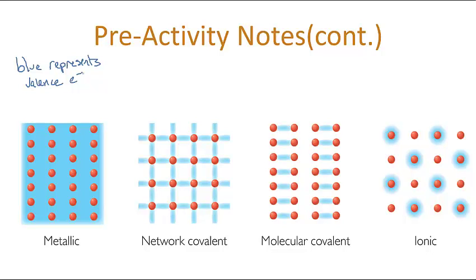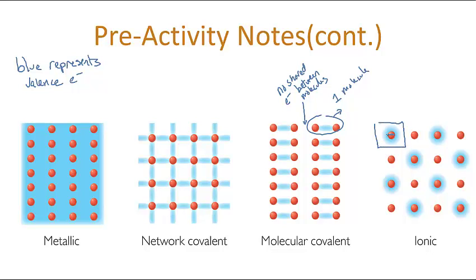And notice that there are no shared electrons between the different molecules. That might be a new word for us. Here, we just have one molecule, and we're going to talk about formula or the different ways to categorize this. And then in ionic, we have individual ions.